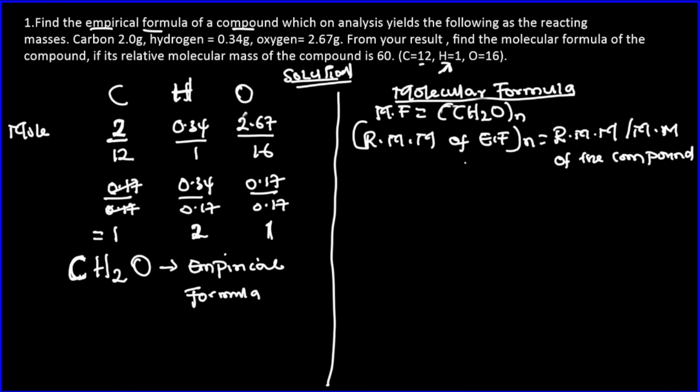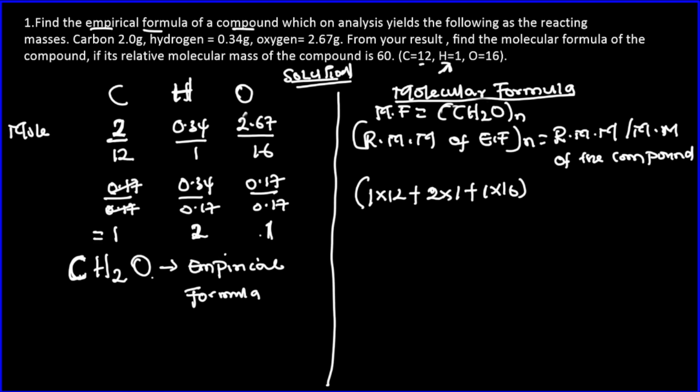So, the relative molecular mass of the empirical formula will be what? Remember how I said you look for it: the subscript times the relative atomic mass. You will add everything. This now is going to be 1 times 12 plus 2 times the relative atomic mass of hydrogen, which is 1, plus oxygen, 1 times 16.